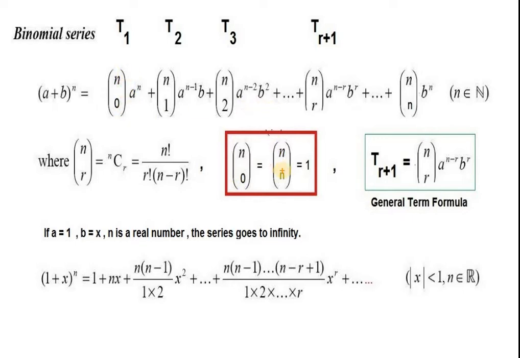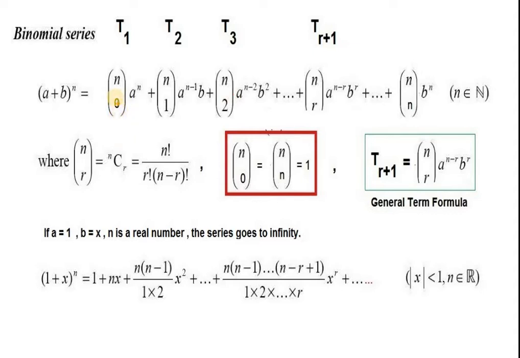This is the binomial coefficient of the last term. If we expand the value of both the binomial coefficients by using this formula, we will see that both of them are equal to 1. Here, if we name this term as t1, this term is t2, this is t3, then the name of this term will be t r plus 1.